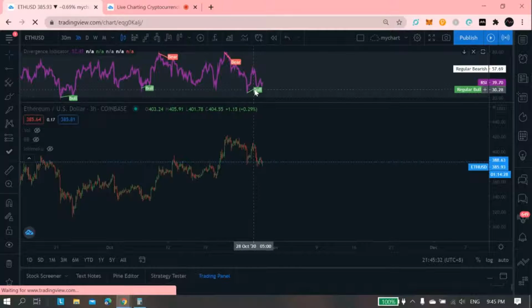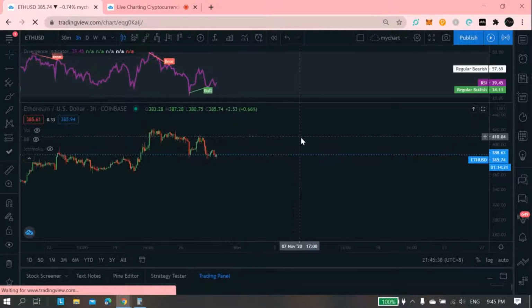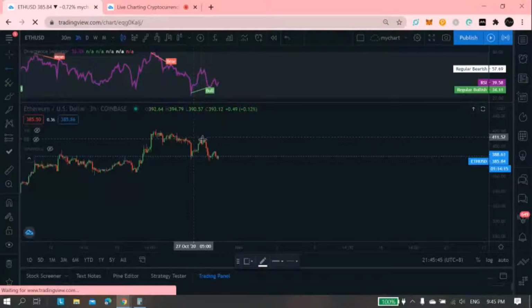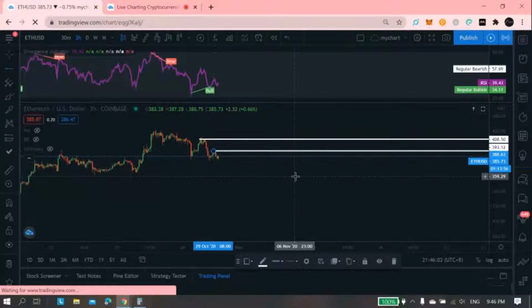So look at it, there's a bull here. Possibly if you're scalping, the next resistance is at this area around the 408, but it needs to break this 392 area before retesting the 408.